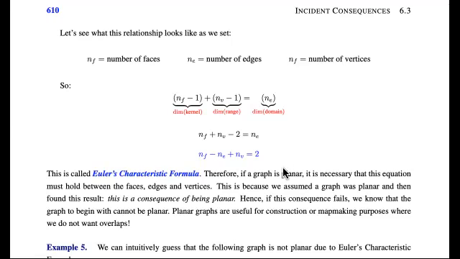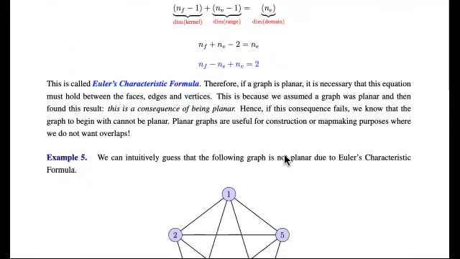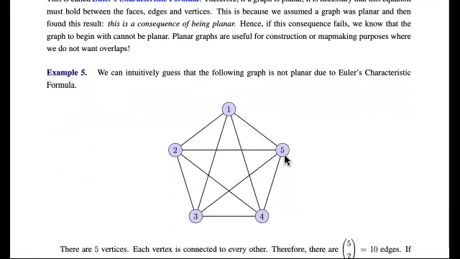So perhaps it could potentially be true and yet not be planar. Basically, it's a way of showing that something is not planar, because if something doesn't satisfy that, then it won't be planar. That's kind of the idea that we have.